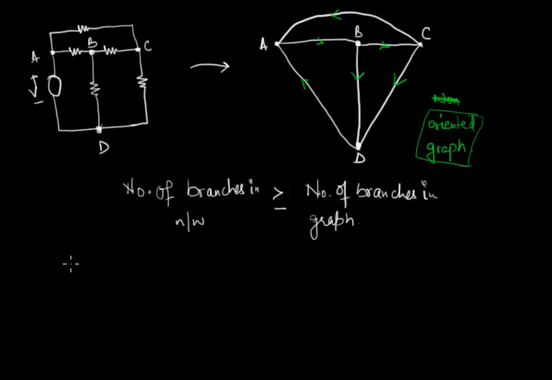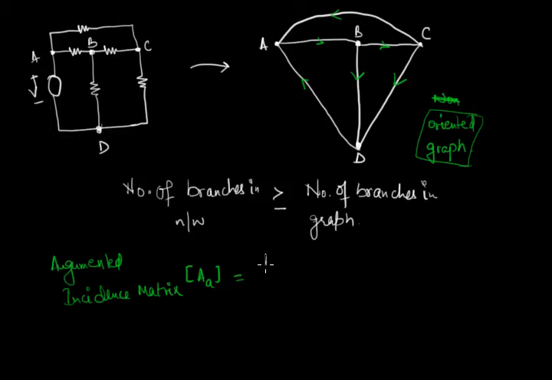Okay, after that we'll make the augmented incidence matrix. It is generally denoted as A. In this we have to mention the nodes.